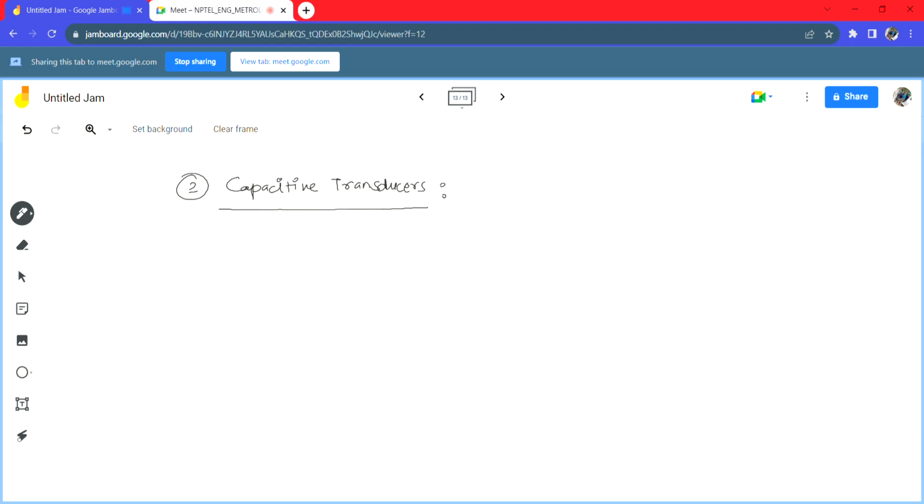So for this, let us revise our concept of a parallel plate capacitor. Let us say this is a metallic plate on which we have positive charge, and this is another plate on which we have negative charge.